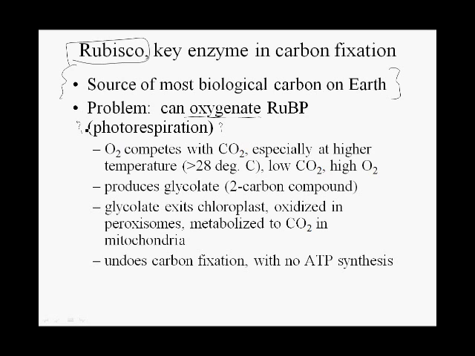What is this oxygenase activity? Well, it refers to the fact that oxygen, gaseous molecular oxygen, can compete with carbon dioxide at the active site of Rubisco. And this happens especially at higher temperatures, more than 28 degrees Celsius, and when CO2 concentrations are really low, and the oxygen concentrations have become abnormally high.